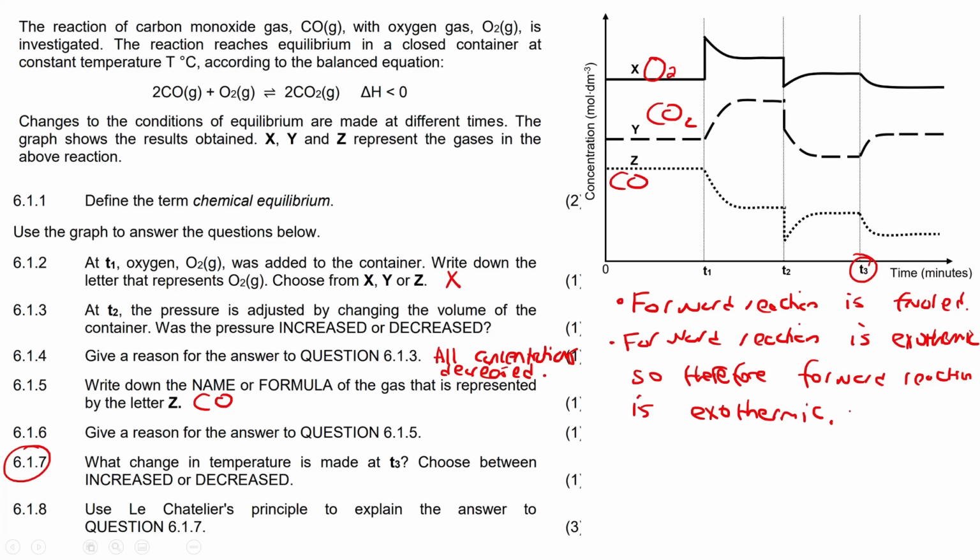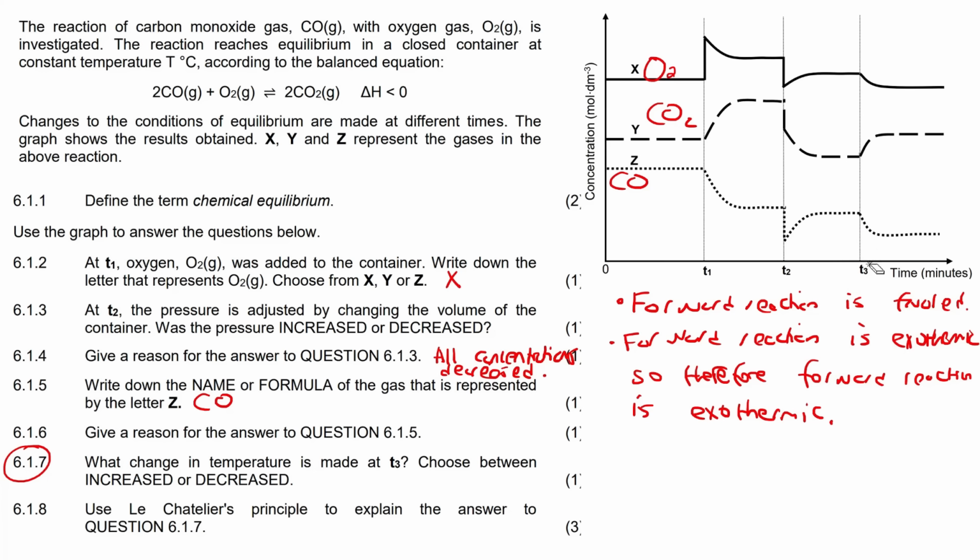So you need to understand why the system responded like this. You have to think about what they did at T3. Something was done at T3. They either increased or decreased the temperature. What do you think they did? Well, we know that when the exothermic reaction is being favored, the system is busy heating up.